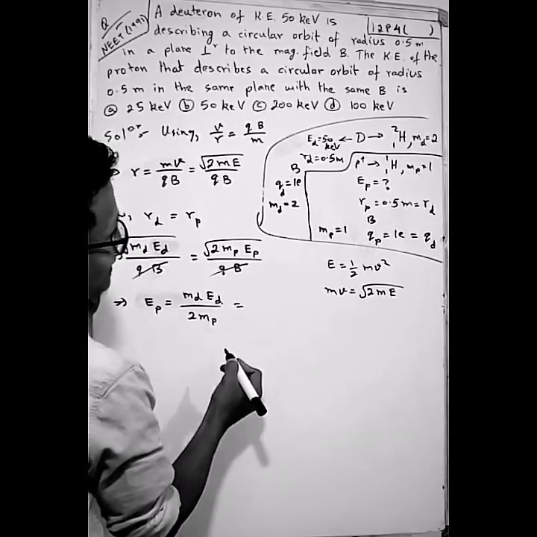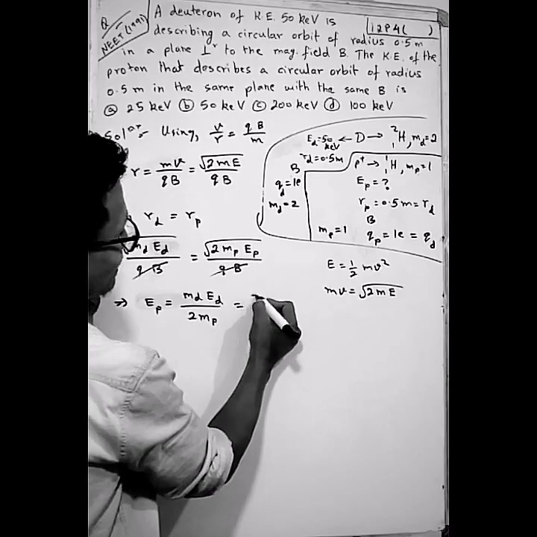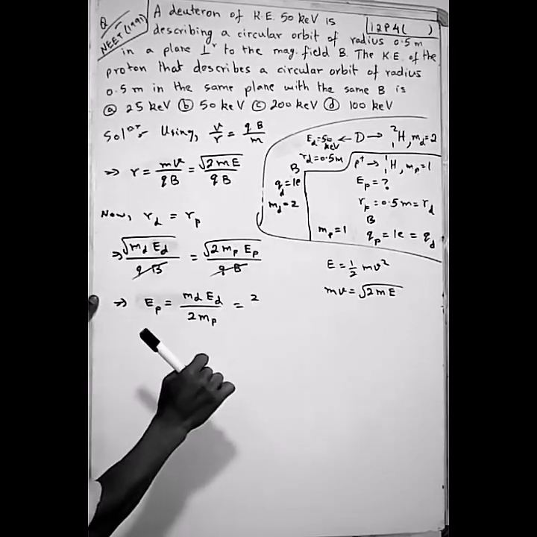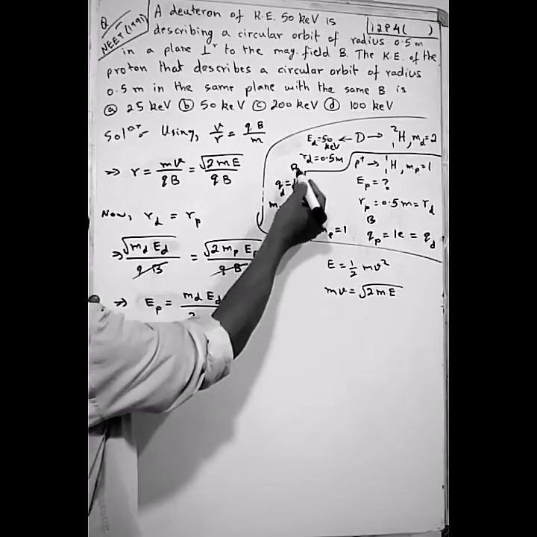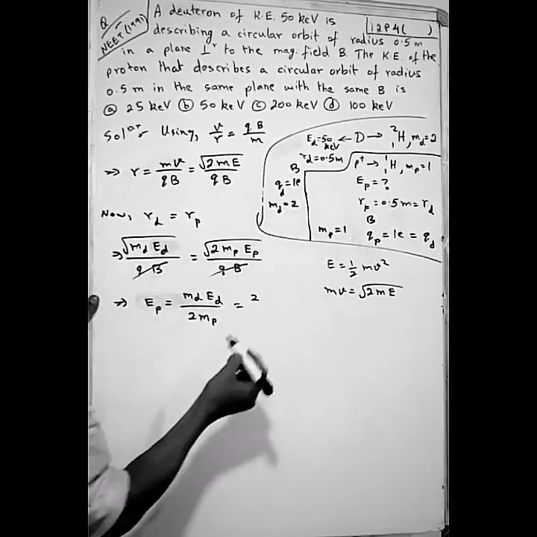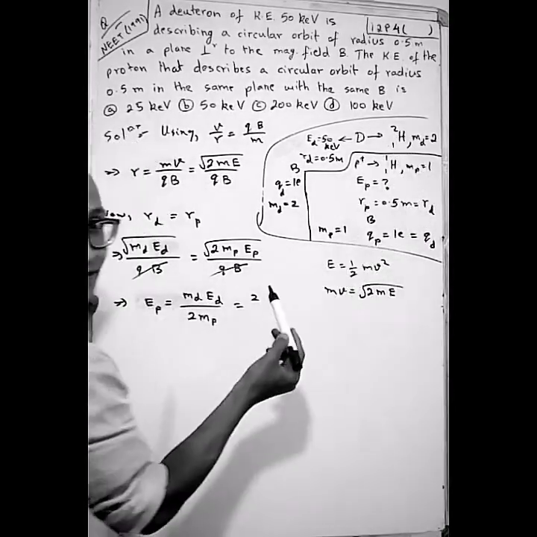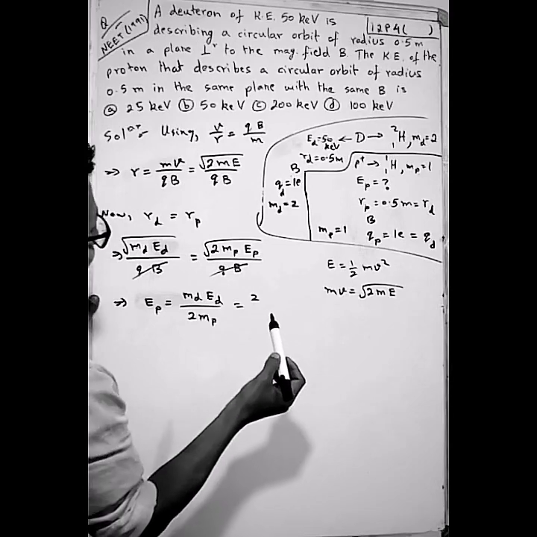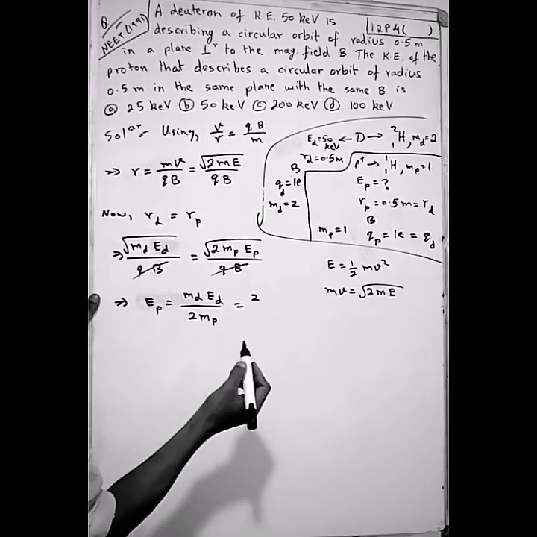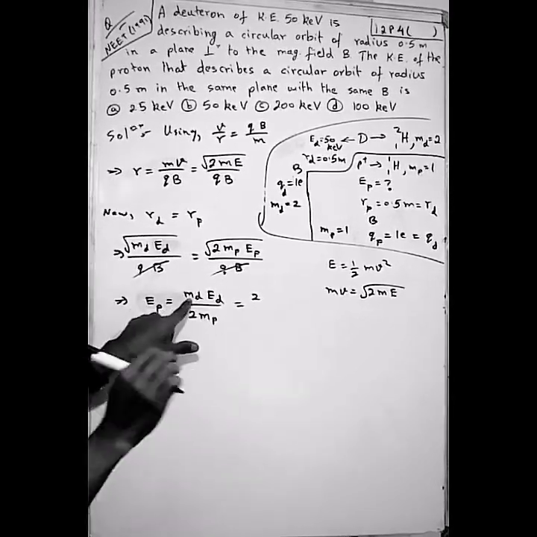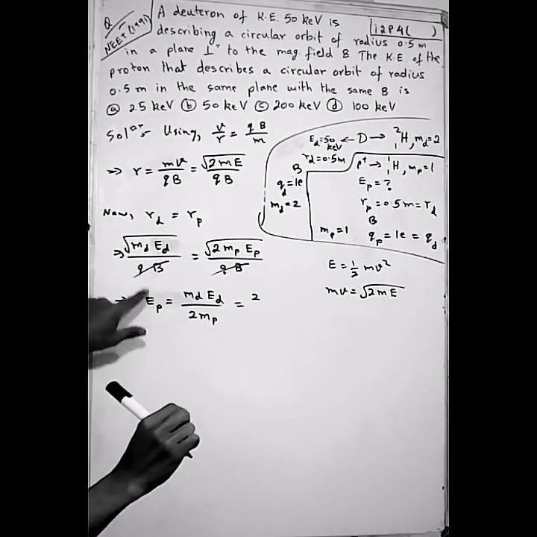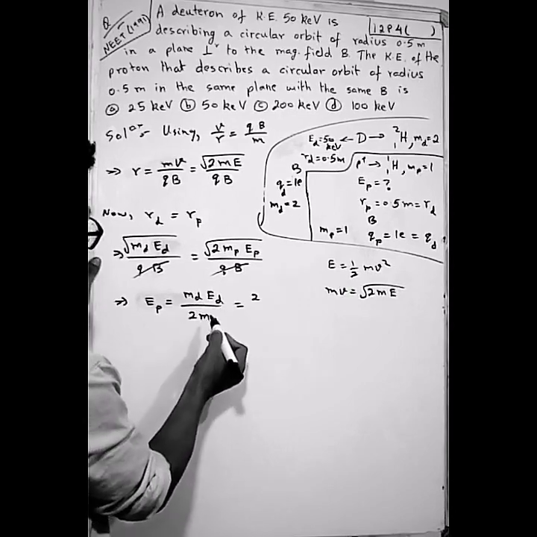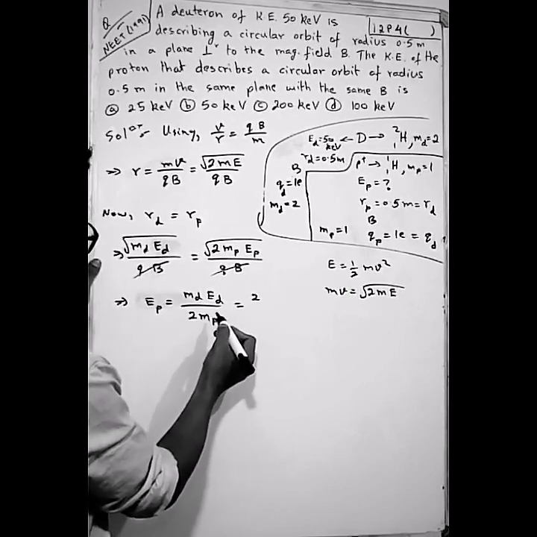So here MD is how much? MD is 2, mass for deuterium 2, right? So there should be 2 inside the root of MD into ED.